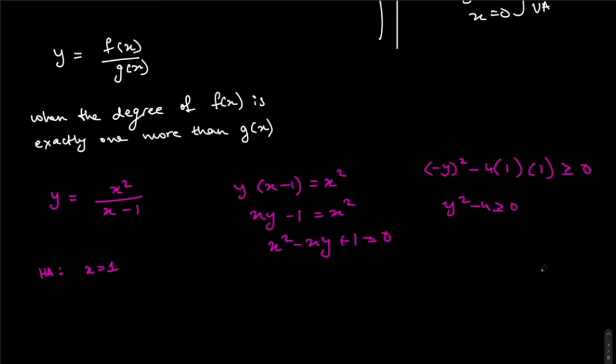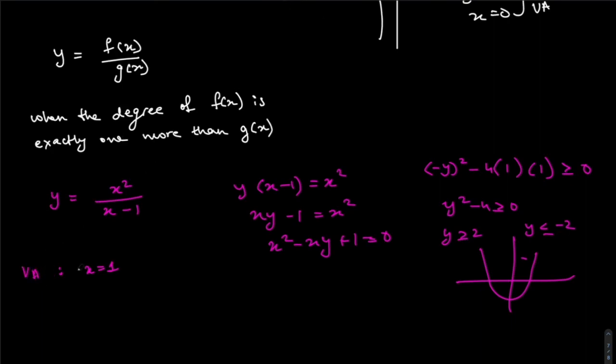Technically you can think of it like my parabola. So y squared minus 4 is greater than 0 when y is greater than 2 or when y is less than minus 2. So that's my range. So there is no asymptote, there is no horizontal asymptote, and I would like to correct myself. This is the vertical asymptote.